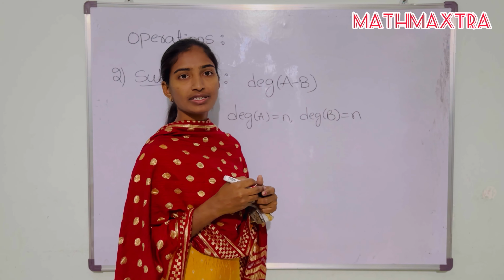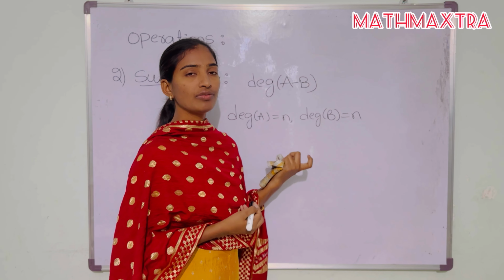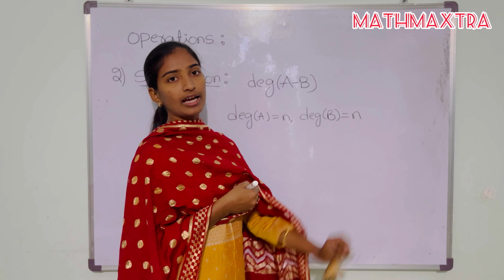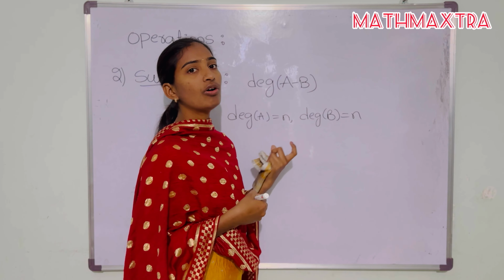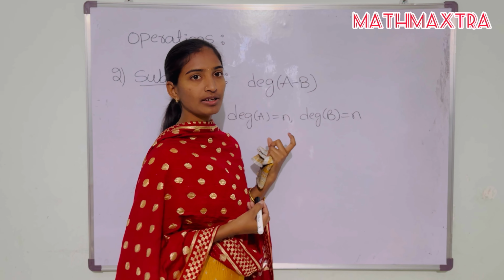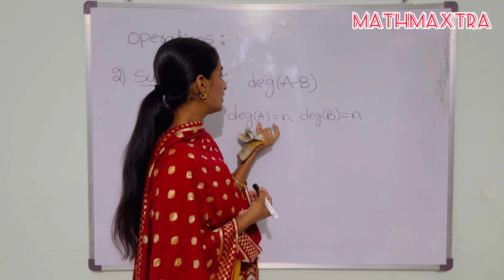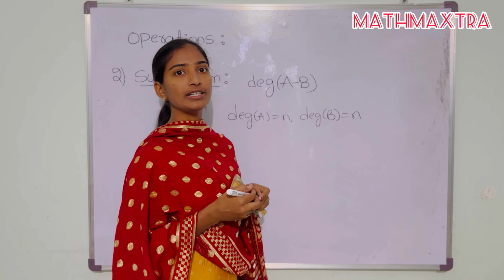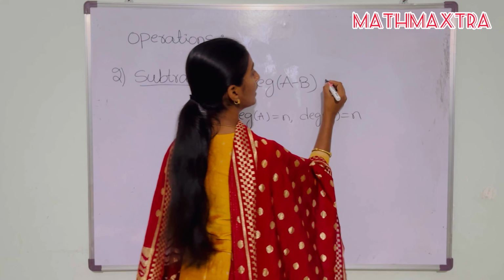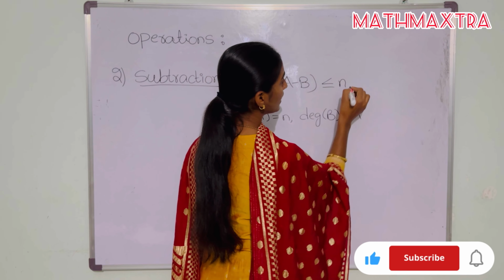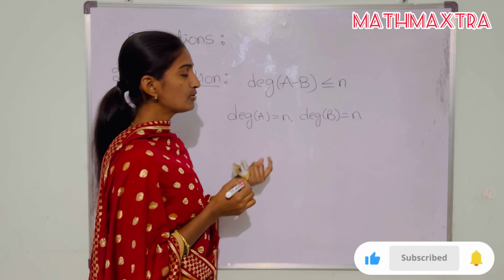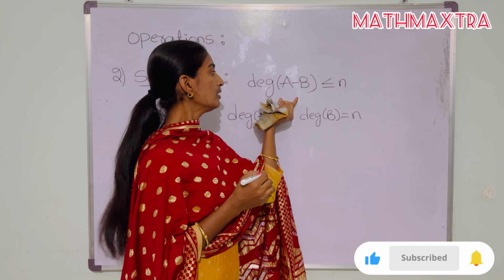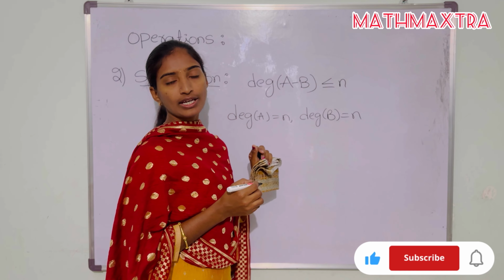Similar to the previous case of addition, where we have seen that for same degree expressions the degree of the sum cannot be determined, similarly the difference of two expressions of the same degree also cannot be determined. This is always less than or equal to n only, meaning we cannot say exactly what the degree of the difference of two algebraic expressions is.